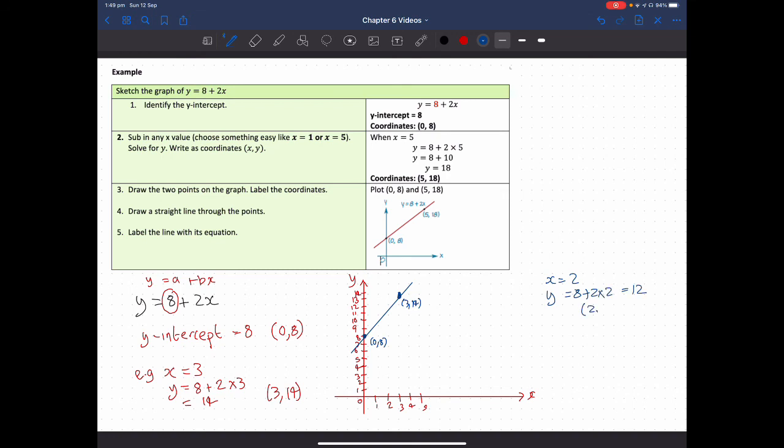That would give me the point 2, 12. If I went across 2 and up 12, you can see 2, 12 is on my straight line. It does not matter what value of x I pick, I will get another point on the straight line.